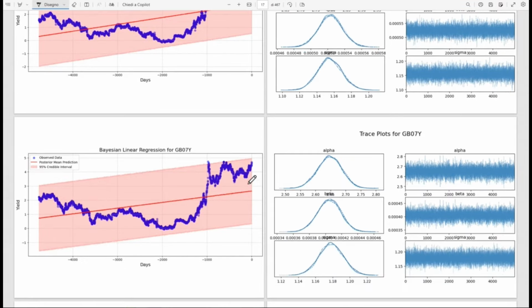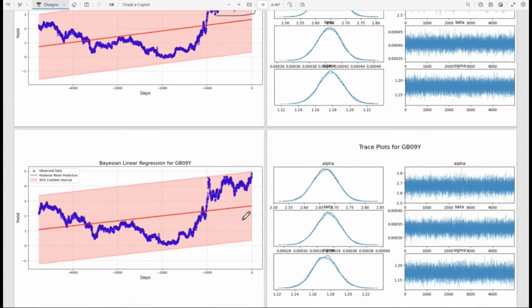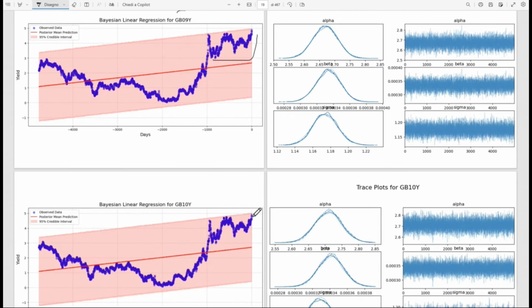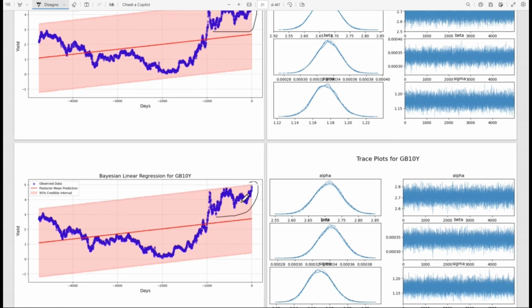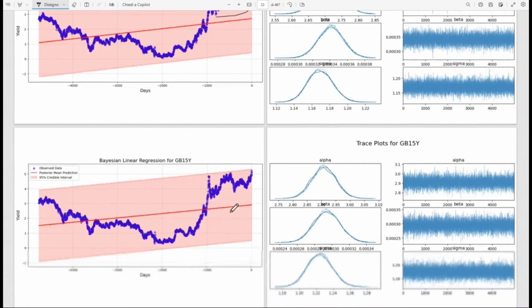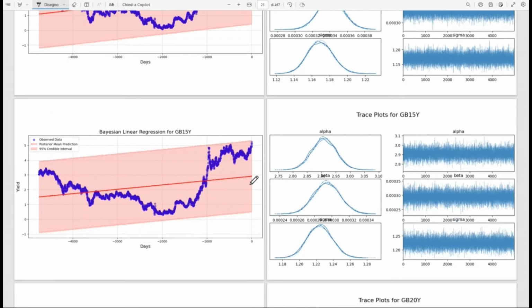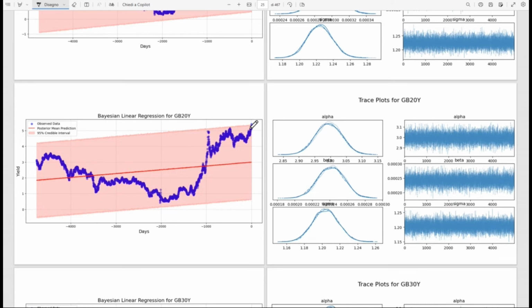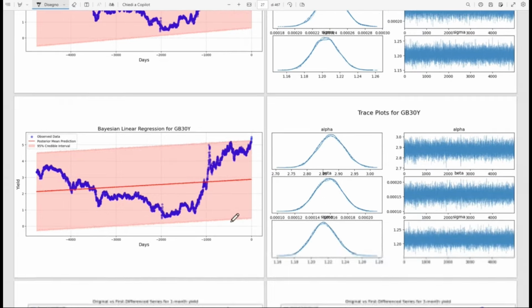So these are very interesting charts, very complicated, but we see that the longer the duration, 9 year or 10 year, we are going outside the shaded area, the confidence interval, the credible interval. And this means that there are yield values outside the predicted distribution.